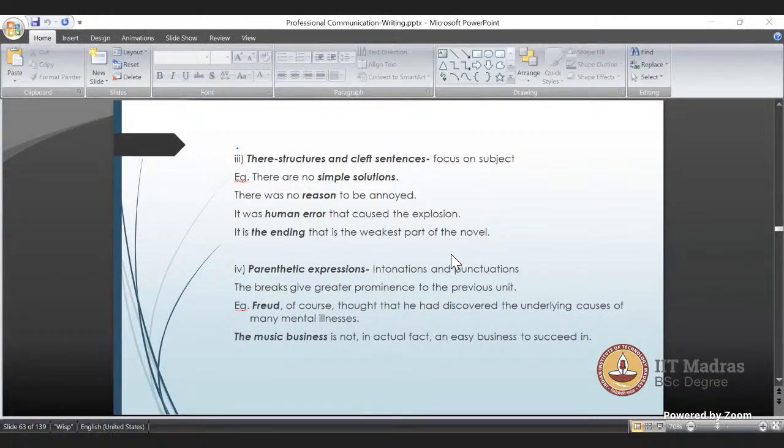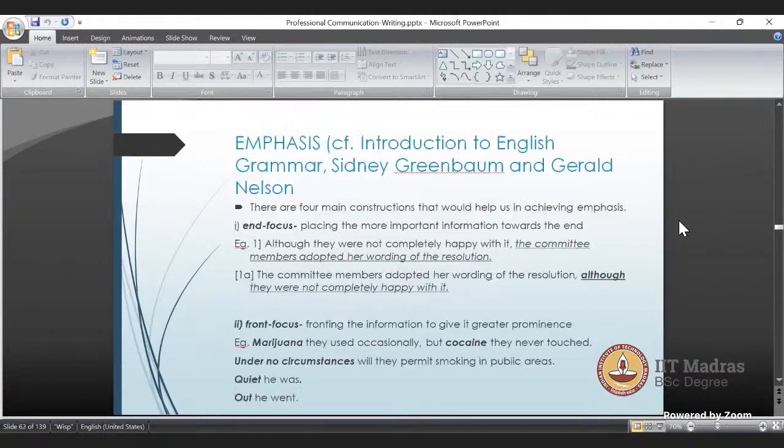When you have a big sentence with multiple clauses, then you can use the end focus style: put the most important, the most prominent clause at the end of the sentence in order to show the emphasis. Front focus, like we discussed, is mostly for cases where you have a simple sentence. However, it is the object or the verb part that you would like to stress upon, emphasize properly.